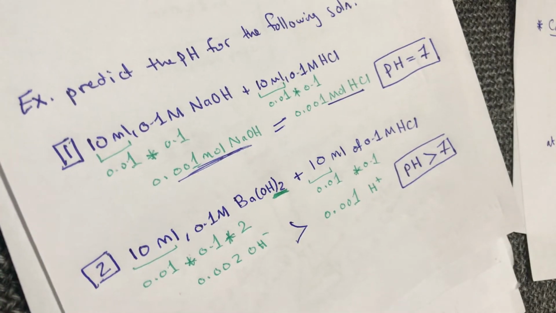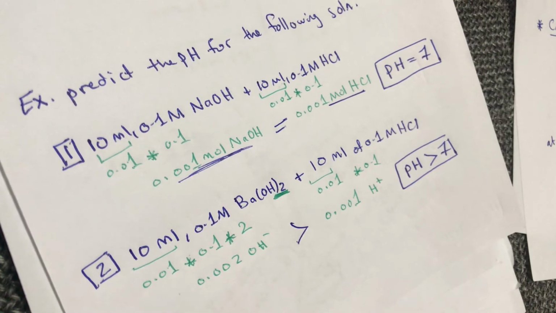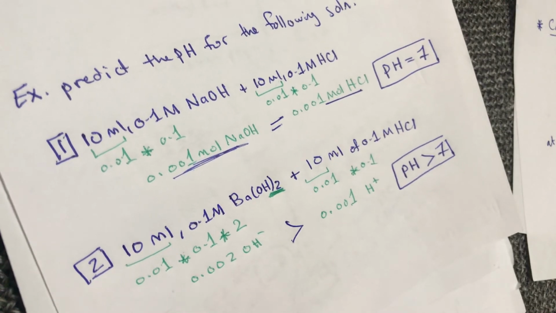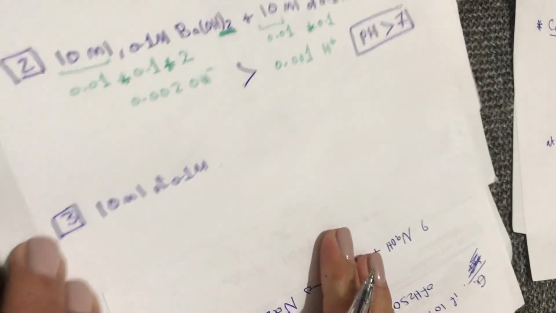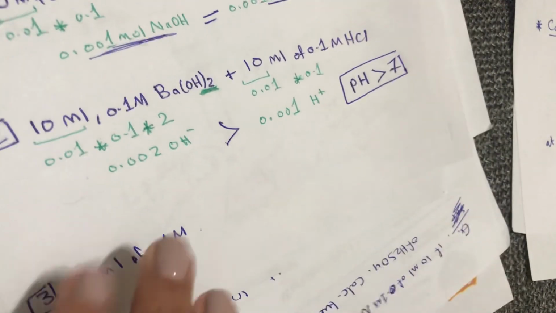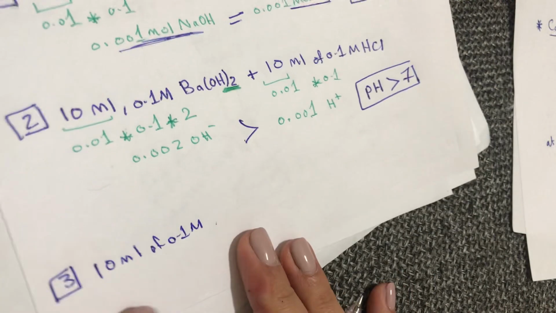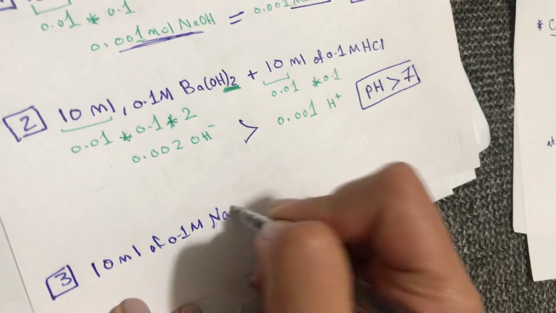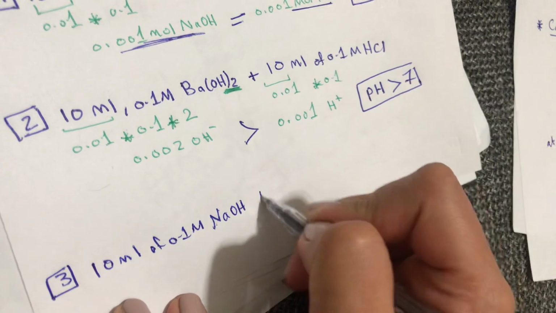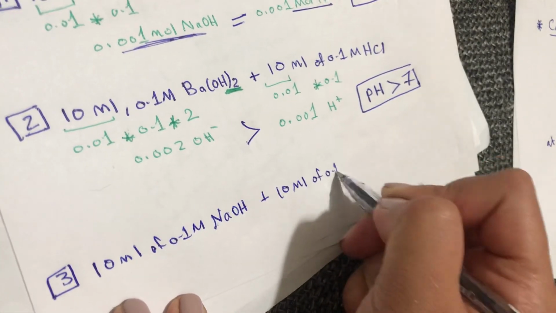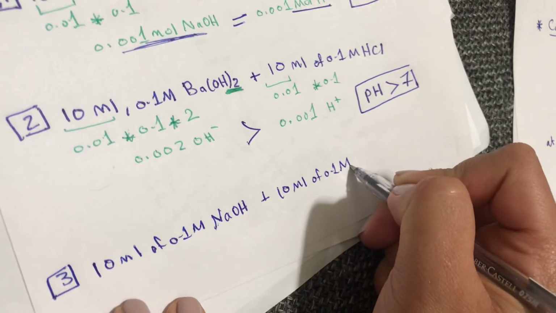Question 3. Ten ml of 0.1 molar sodium hydroxide added to 10 ml of 0.1 molar sulfuric acid.